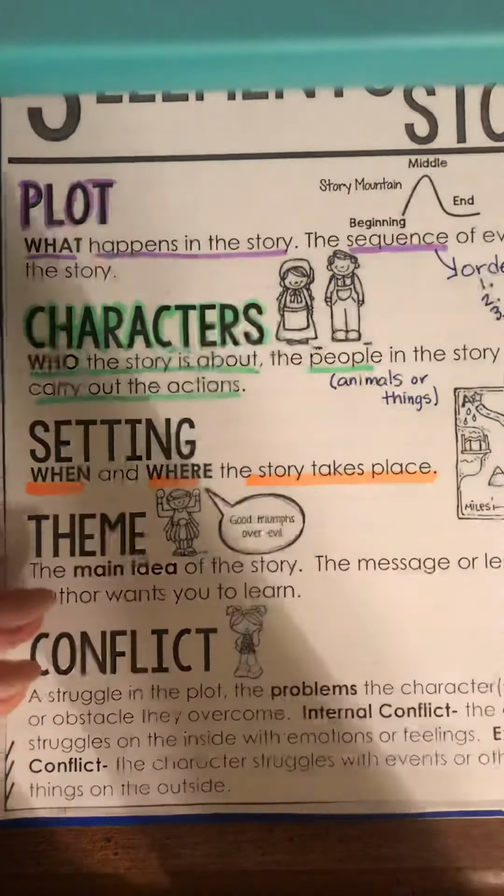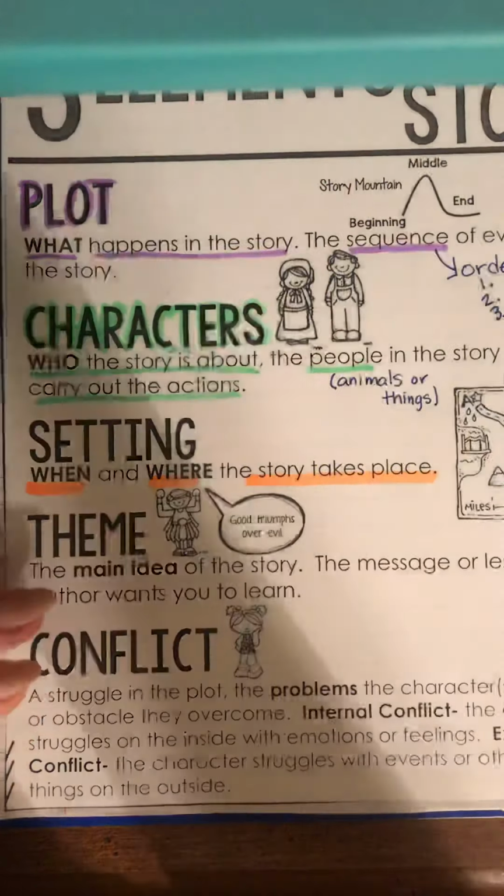Our theme is our next element of the story. Now, theme is a little bit more difficult to understand, and that's okay because we're going to go into theme next week and talk even more about it. This is just kind of an introduction. Theme is the main idea of the story. It's the message or lesson the author wants you to learn.